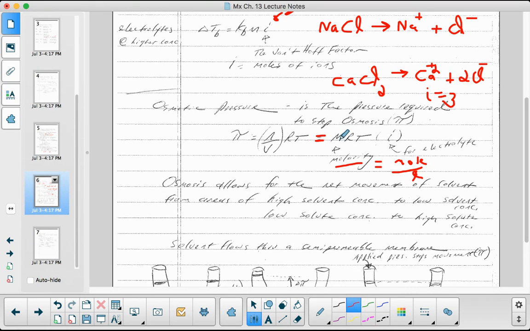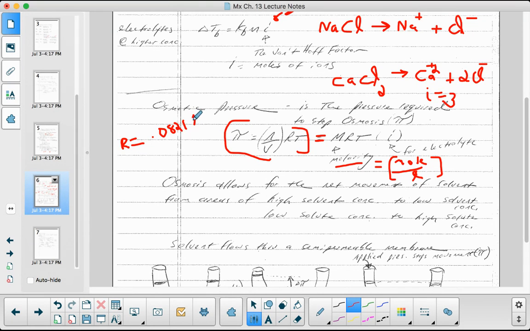Okay, so since molarity is moles per liter, our equation can also look like this, which is osmotic pressure pi is equal to n over V, because n over V is really what molarity is, n representing moles, times RT. And R is just that ideal gas constant from your gas laws chapter, which is 0.0821, and it's a complex unit.